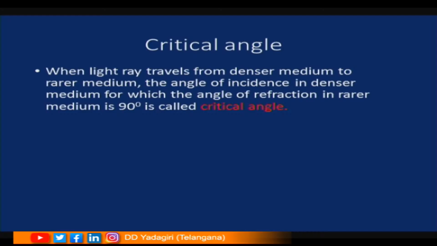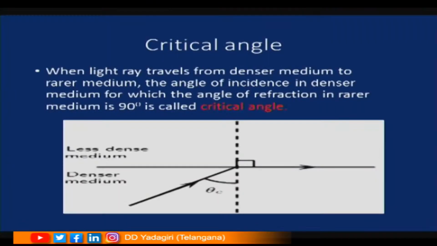Critical angle is defined as: when a light ray travels from denser medium to rarer medium, the angle of incidence in the denser medium for which the angle of refraction in the rarer medium is 90 degrees is called the critical angle.